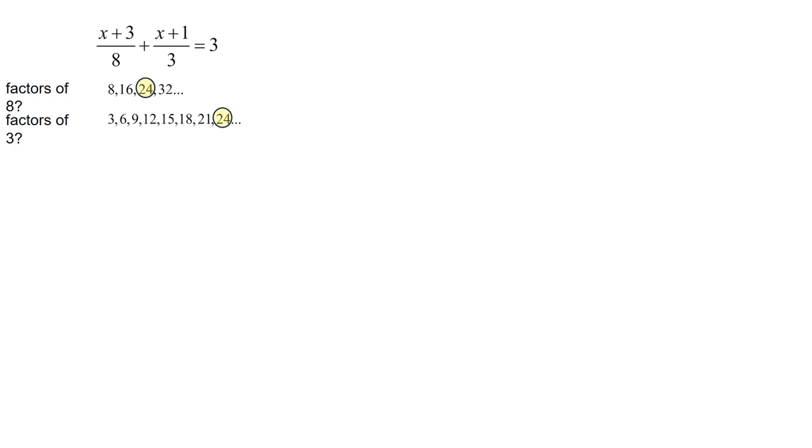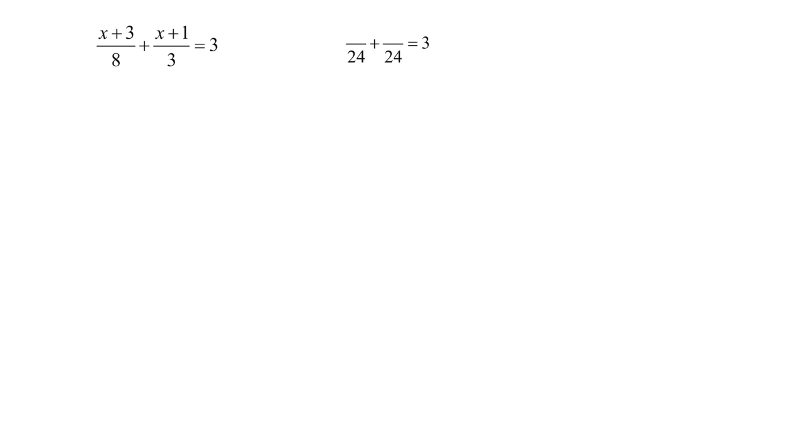So we're going to use that, and we're going to rewrite the left-hand side of the equation with 24 as a denominator. Now, what did we have to do to this 8 to make it a 24? Well, we had to multiply it by 3. So we're going to do the same to the top.